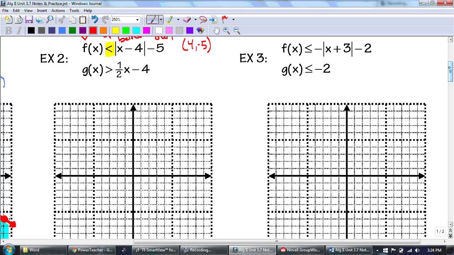Okay, so I'm starting at 4, -5, and at 4, -5, I am open. I'm going up 1, over 1, up 1, over 1, up 1, over 1, and I'm doing this in both directions.